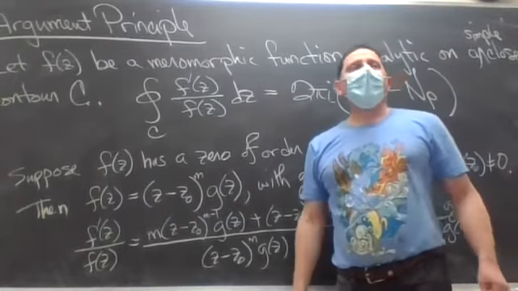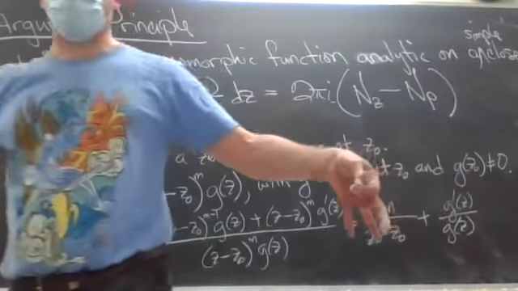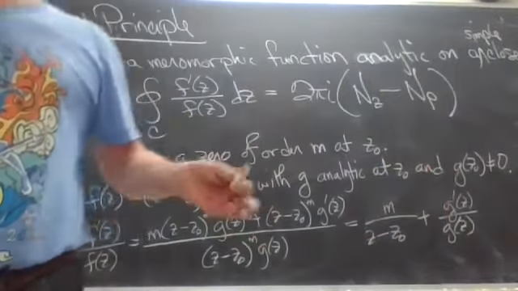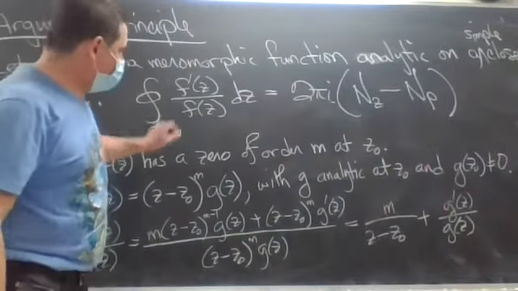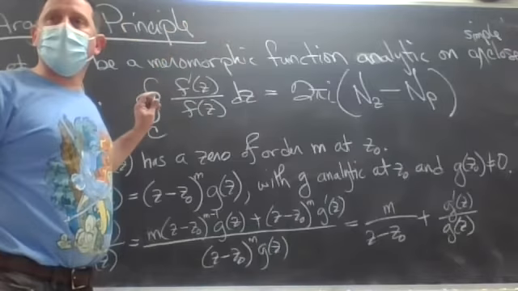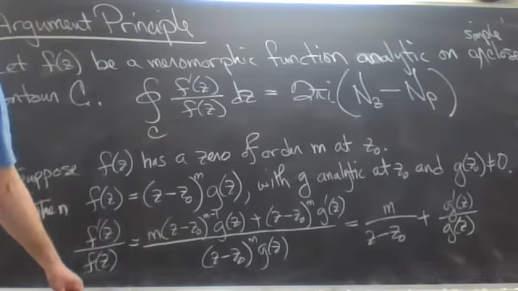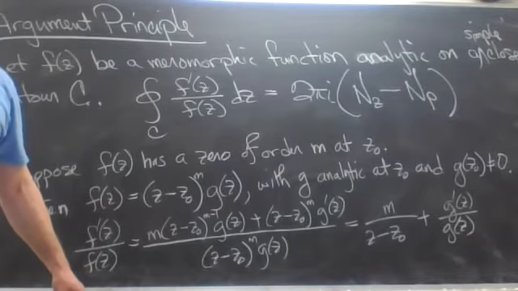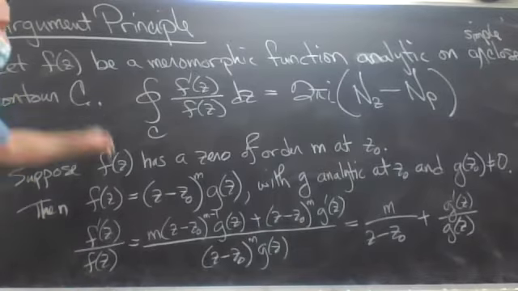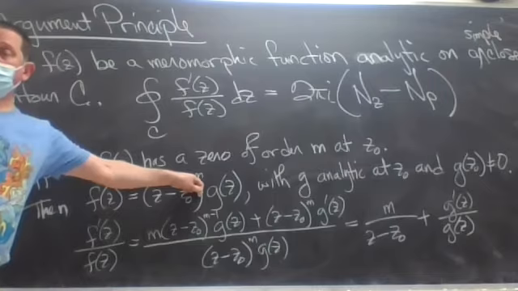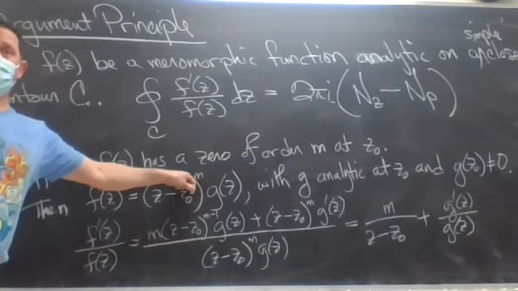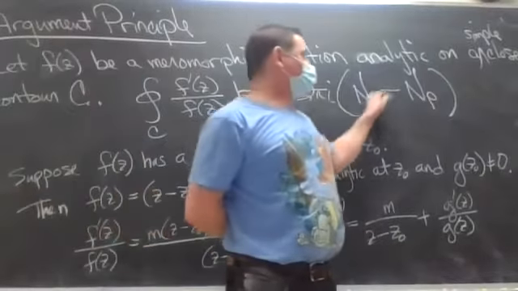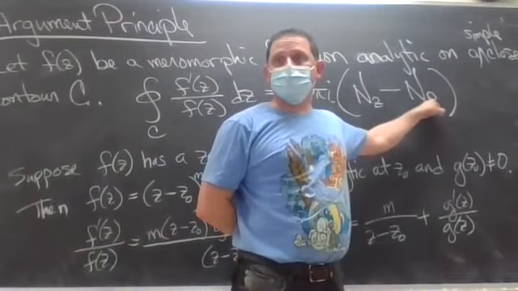Okay? If I now look at a meromorphic function over a larger region where I allow it to have multiple zeros, I can split that loop integral into a bunch of little itty bitty loop integrals around each of the zeros, and I'll just get 2 pi i times the multiplicity of the zero. If you do exactly the same thing, but make it a pole, so that now it's minus m, you'll see that you'll get minus 2 pi i m. That's why it's the number of zeros minus the number of poles.